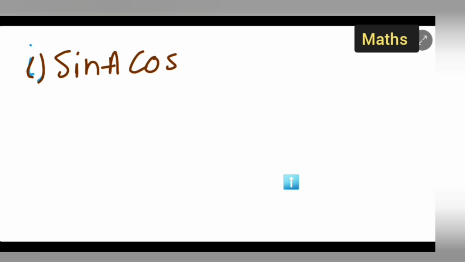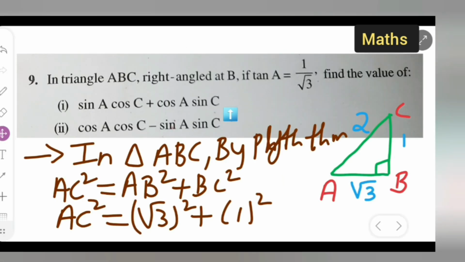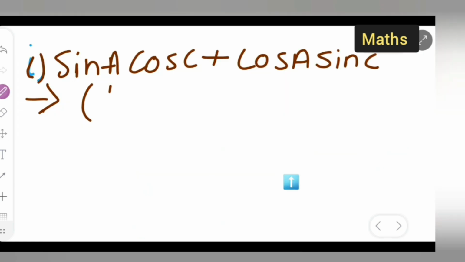So let us find out the first part, that is sin A cos C plus cos A sin C. Now what is sin A? Opposite of A is nothing but 1 upon 2. So write down 1 upon 2.